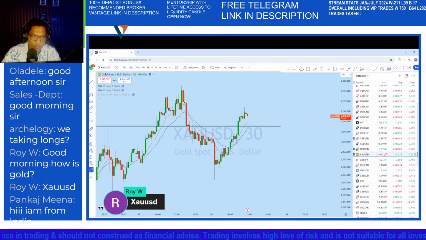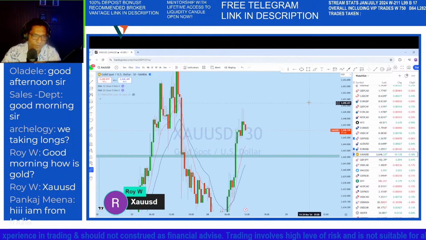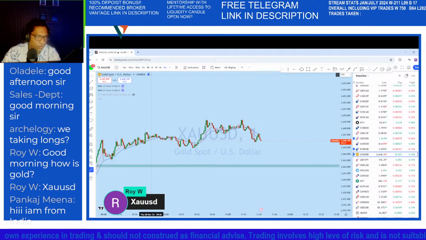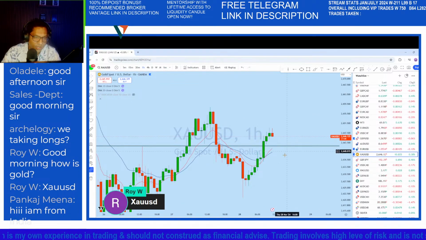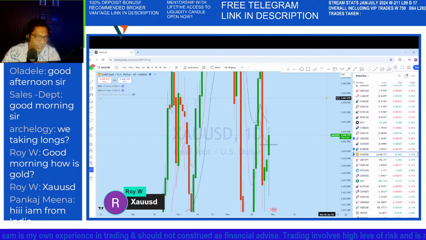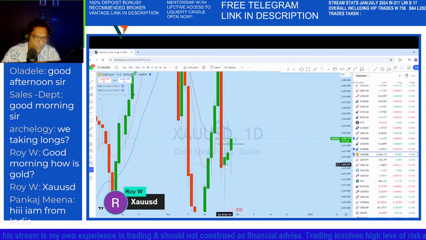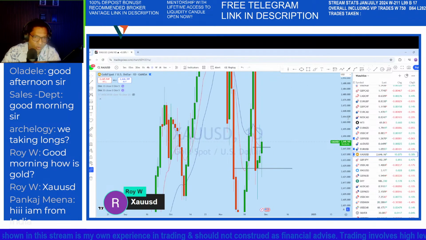Let's look at the XAU USD, and how the market might be doing on that instrument. Looking at the daily chart, we can see that from the support level here, gold had a very strong breakout.